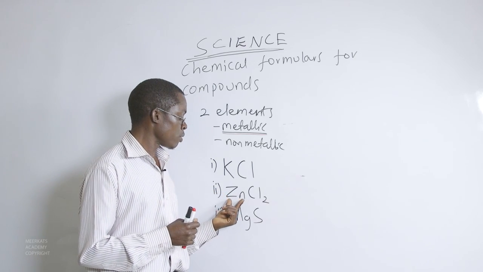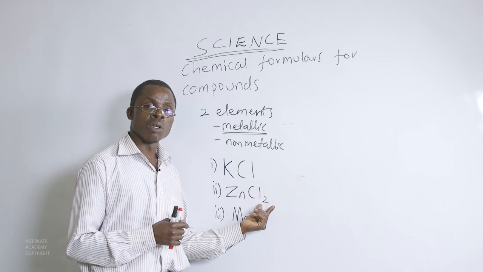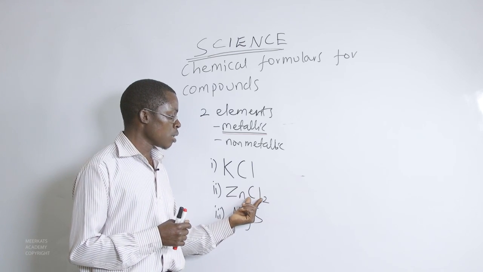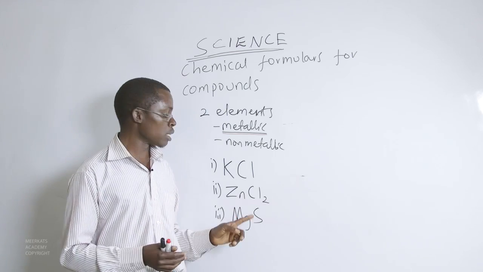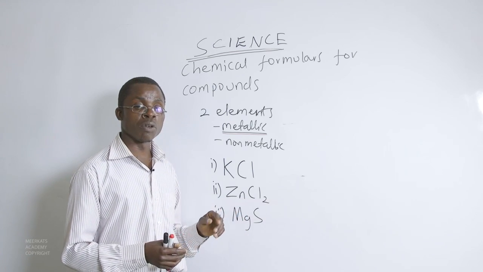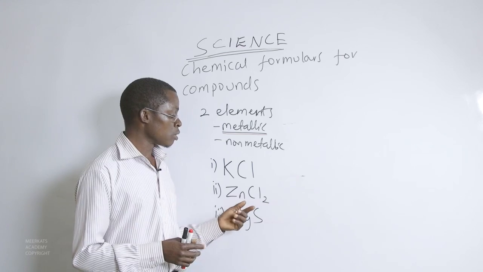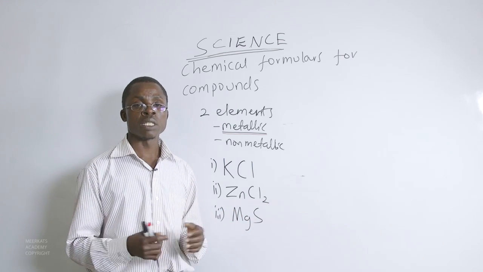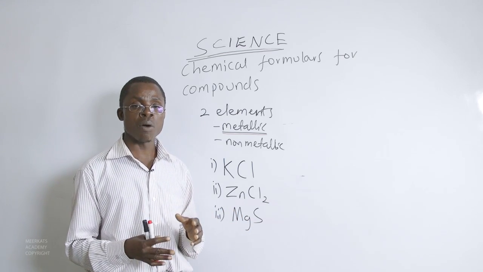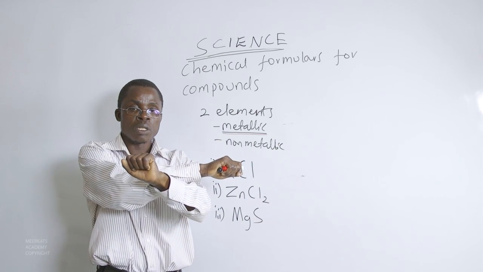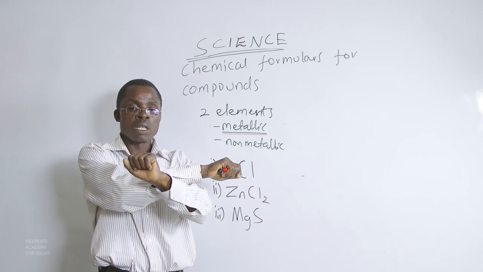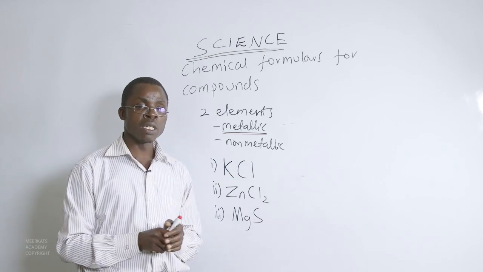The combining power of zinc here is 2, and the combining power of chlorine here is 1. Being 1, we don't indicate it. That's why we haven't indicated it here. But if it were more than 1, we would have indicated it. So when you see those numbers, it is just an indicator of the combining power of the element on the other side, because you do a crossing. Whenever you are writing the formula, you cross the combining powers.